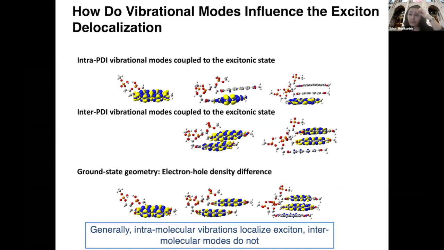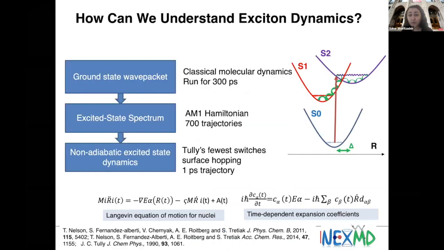So how does this actually influence the properties of, for example, solar energy conversion? Well, we should really try to understand the dynamics of excitons and how these vibrational modes can influence them. To understand exciton dynamics, we started running some simulations using the NEXMD code developed by the group of Sergei Tretiak.